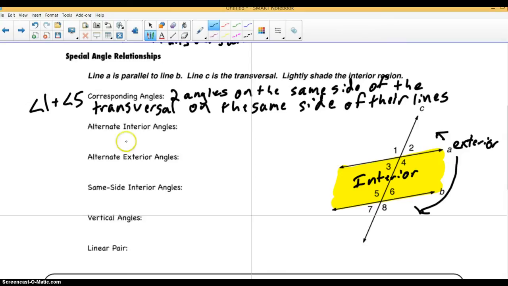So when we have alternate interior, we're going to be looking at the corners on the inside, so 3, 4, 5, and 6, and then they're alternate, so they are going to be diagonal from each other. So they are the angles on the inside, angles on the interior, and are diagonal.